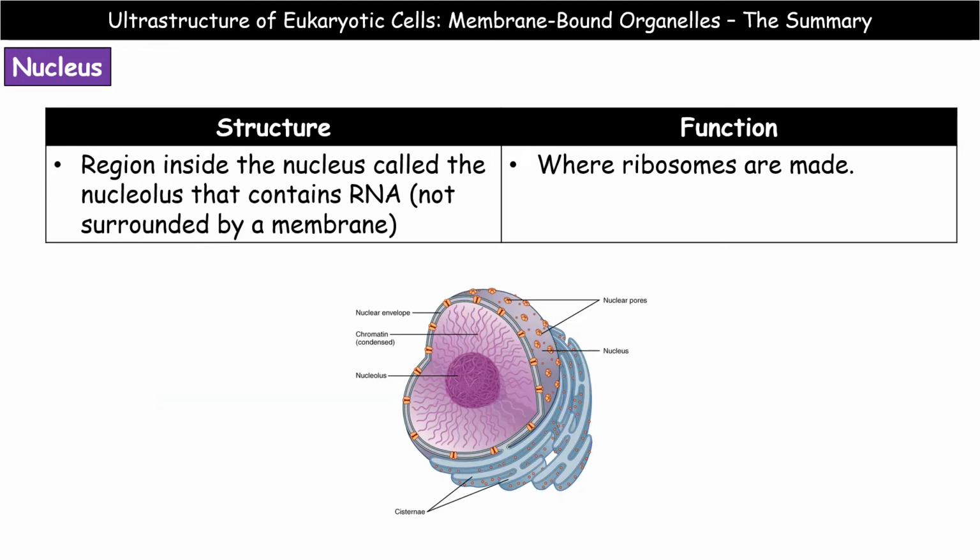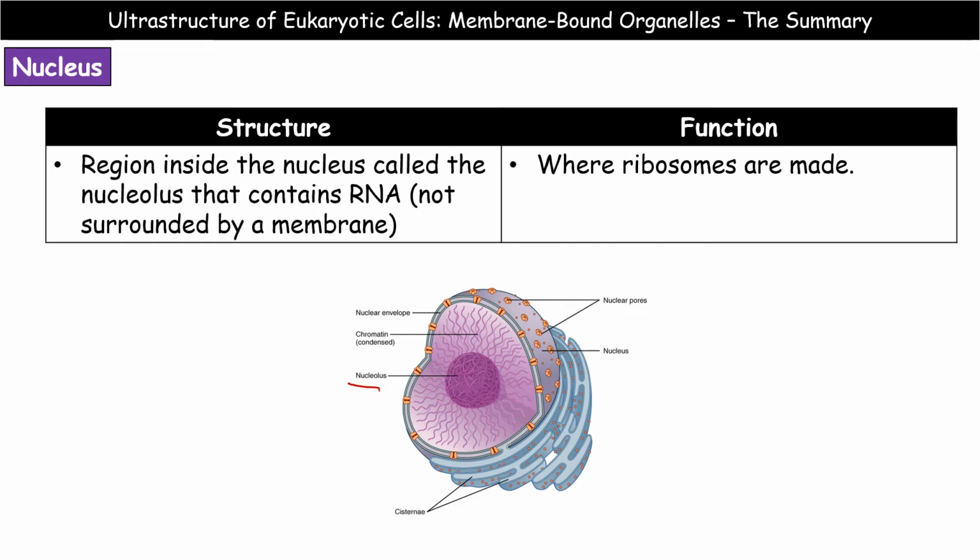The next bit of the structure we're going to look at is this region called the nucleolus. Now, the nucleolus is just a region of the nucleus, and it contains RNA. Don't be fooled into thinking that there's some kind of membrane surrounding it, holding it all together in that region. There is no membrane around it. It's just a region. You'll be able to pick it out in images because it's a little darker patch on the nucleus.